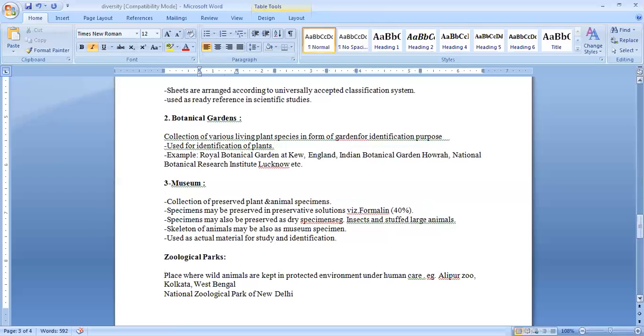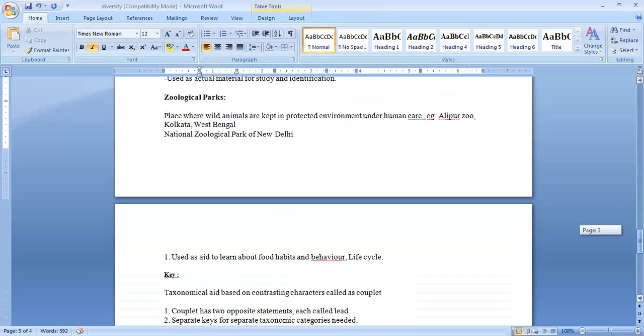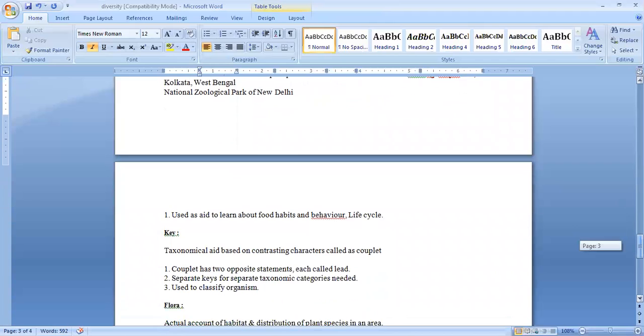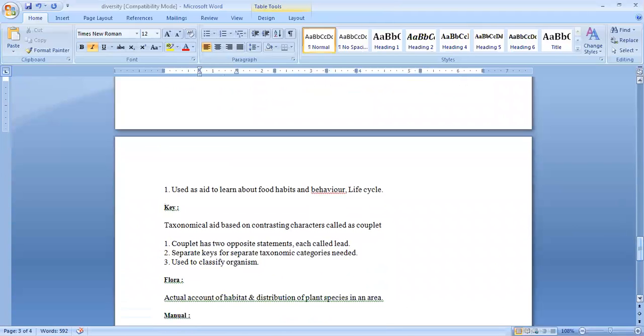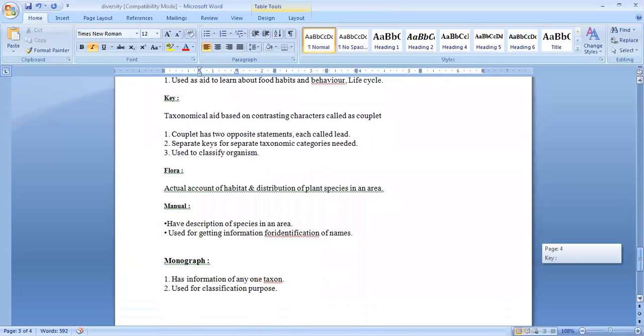Zoological parks are also there, where the wild animals are kept in protected environment. For example, the National Zoological Park of New Delhi. So we learn about the food habits, behavior and life cycle. Now we also have the key. What is key?